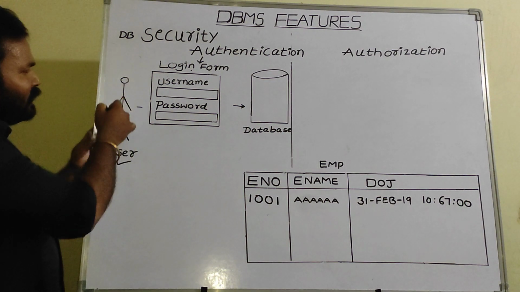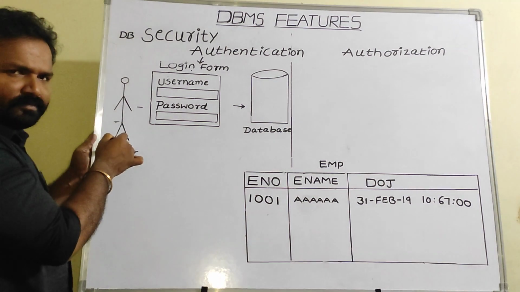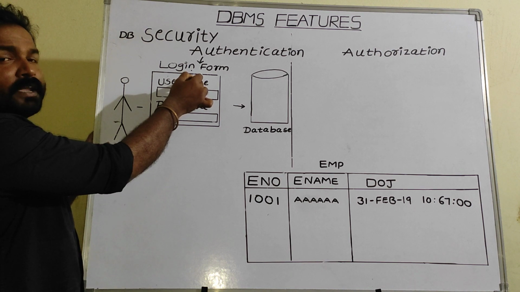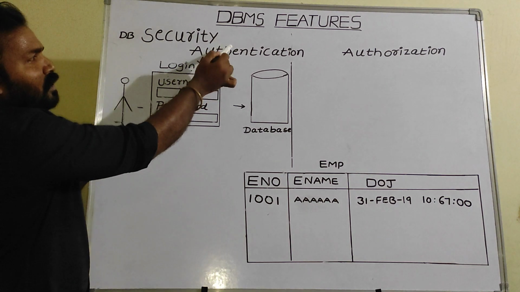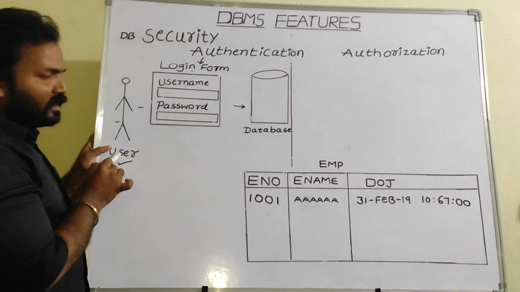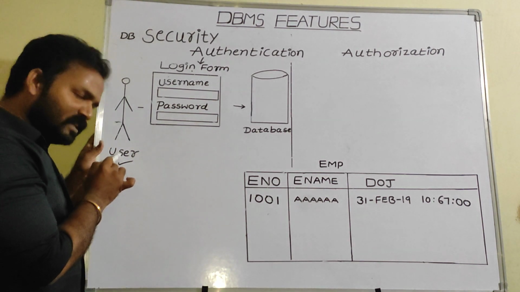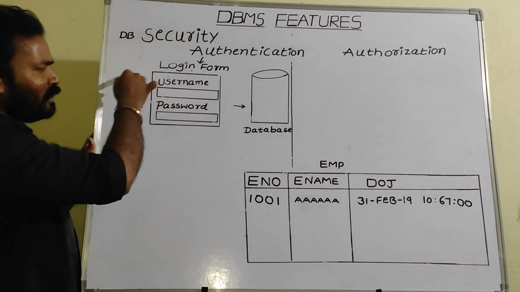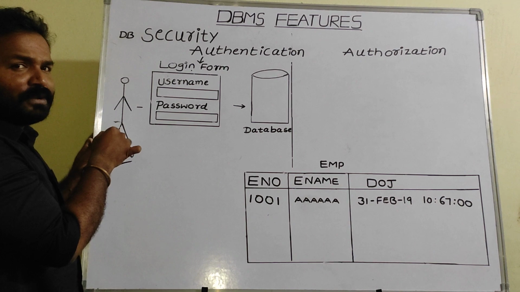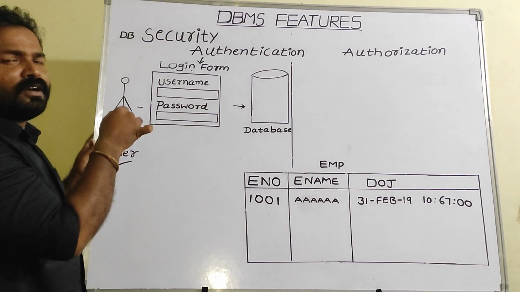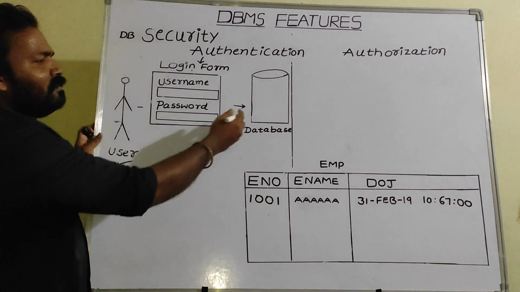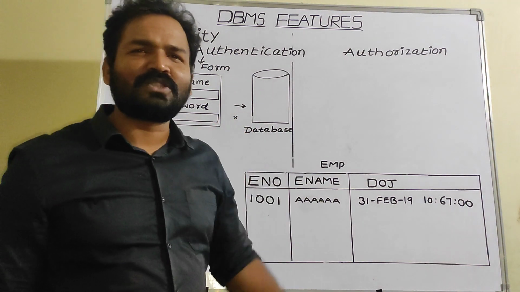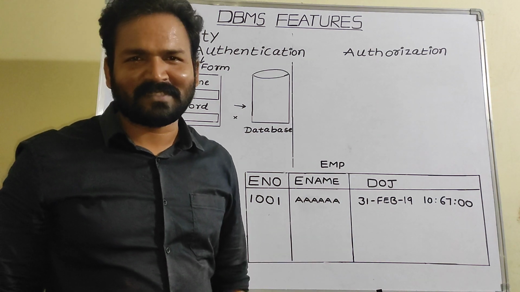So, what is authentication? Authentication means identification of user. By using the login page or login form, authentication will check whether the user is already a registered user or not. It doesn't allow anonymous or unregistered users to connect with the database, only registered users.